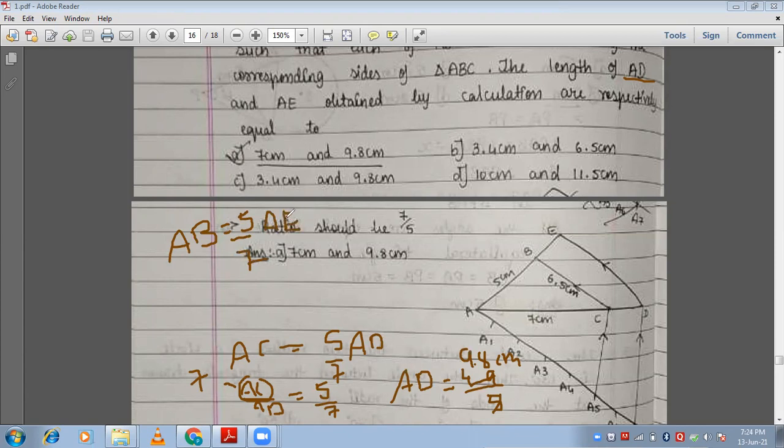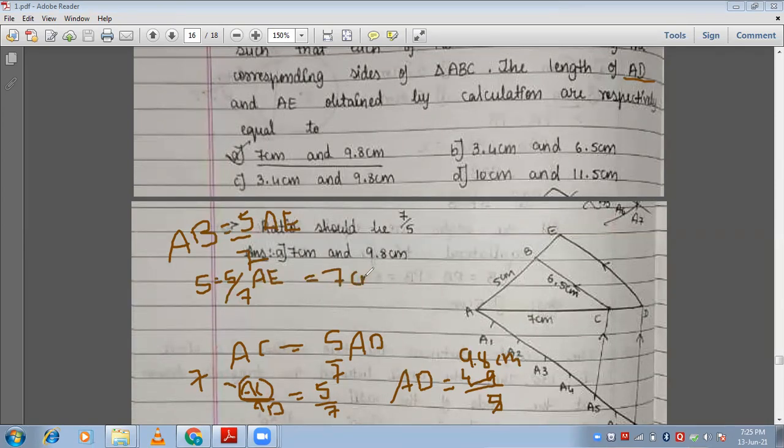Now you need to find out the AE length. We know AB is 5. So 5 is equal to 5 by 7 into AE. Simplify this one, you will get AE is equal to 7 centimeter.